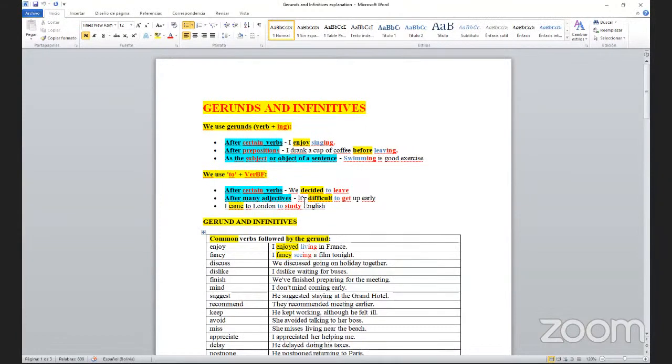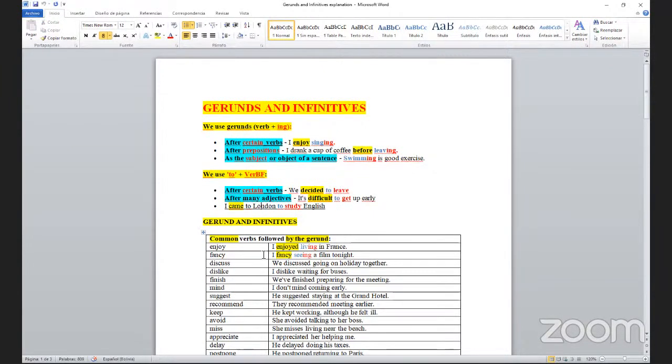So adjectives, it's difficult. And after an adjective, we're gonna use the infinitive. To get up early, right? I came to London to study English. In this case, I am using after a verb and after an object pronoun, right?